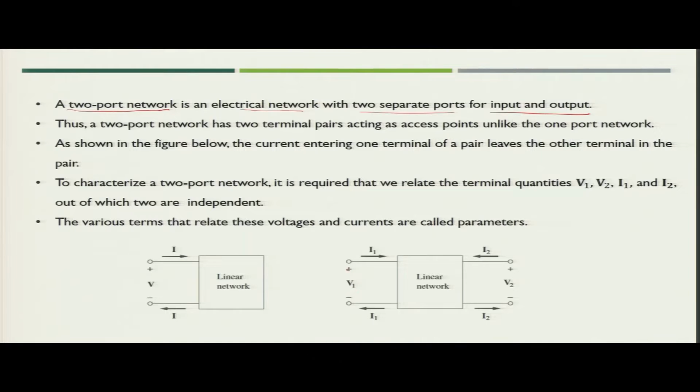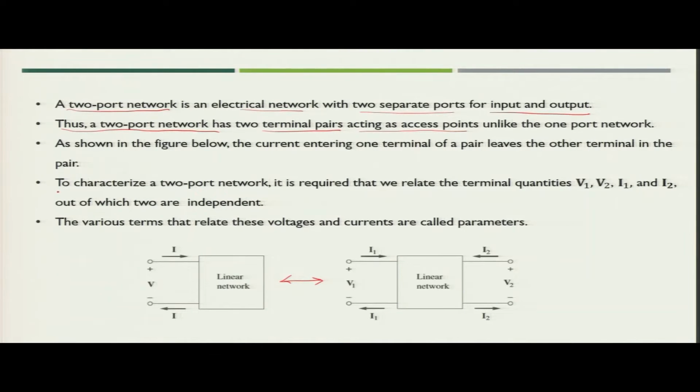So, you can either put two voltage sources on both sides or two current sources on both sides, or you can put the resistor or capacitor or inductor across the terminals and try to find out the values which are required to be calculated related to that particular network. So, basically the two port network has two terminal pairs acting as access points, like we discussed in this particular figure. So, this is the major difference between one port network and two port network.